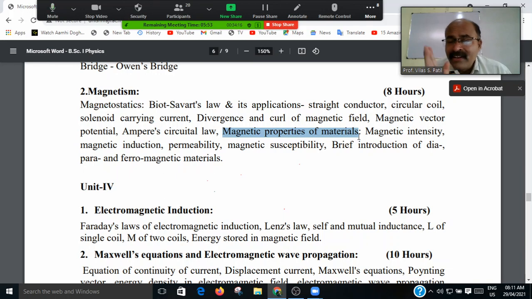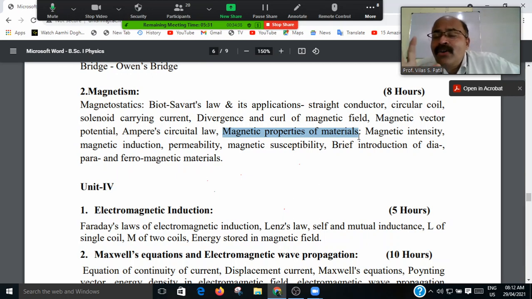We know that invention and research do not stop. It will increase and go on, and due to this increase in research, magnetic properties are very essential.